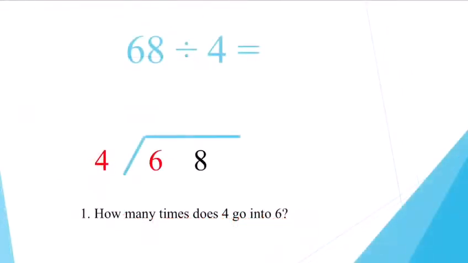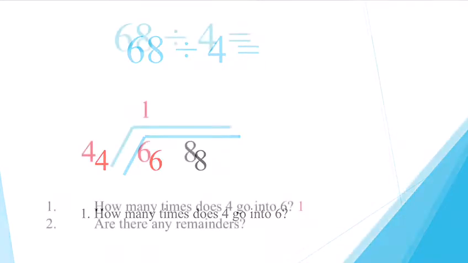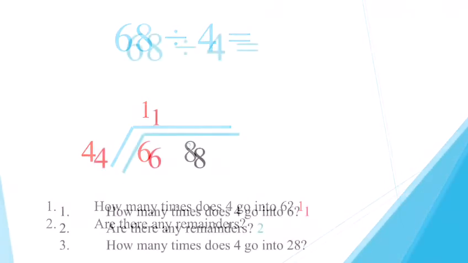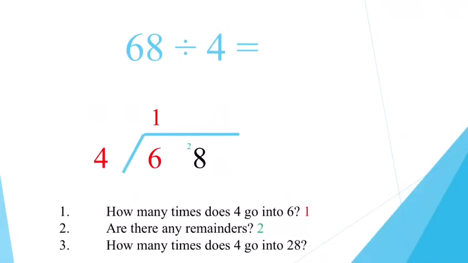Now, this is useful to understand when you are doing the bus stop method. So in this example here, we are doing 68 divided by 4. And the first thing we need to look at is how many times does 4 go into 6? And you'll see that 4 goes into 6 one time, but it has 2 remainders left behind because we still have 2 parts of that 6 that don't fit in that group of 4 and are being left out.